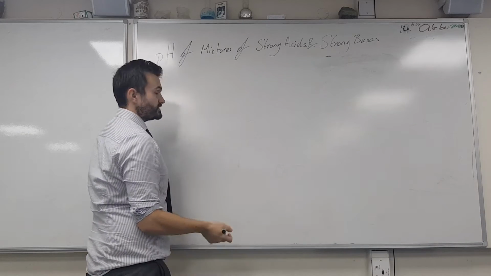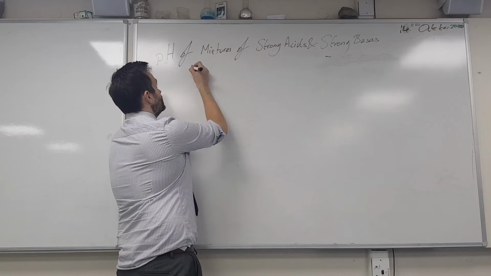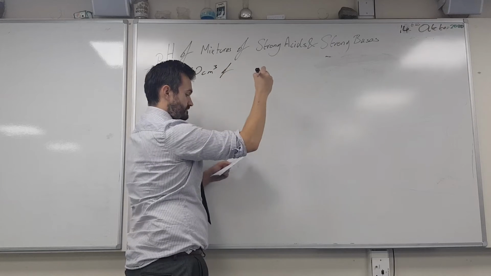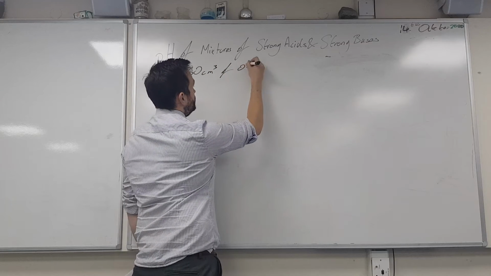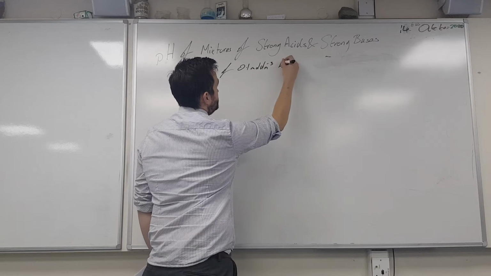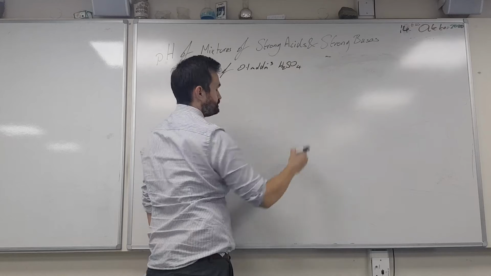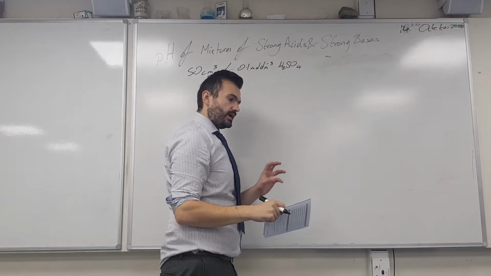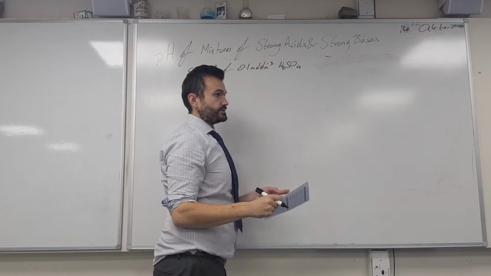In their first question, they have 50 centimetres cubed of 0.1 mol dm minus 3 of H2SO4. What we're going to do first is work out the amount of protons.